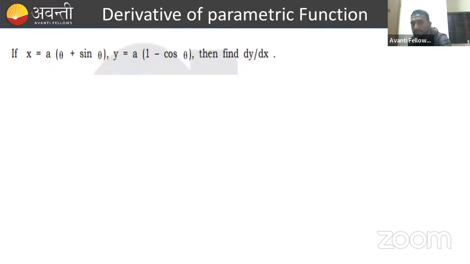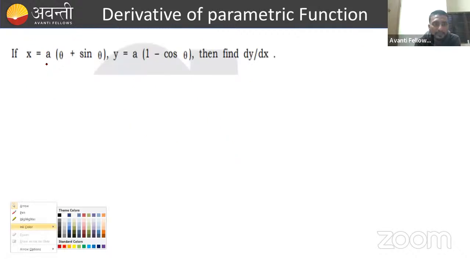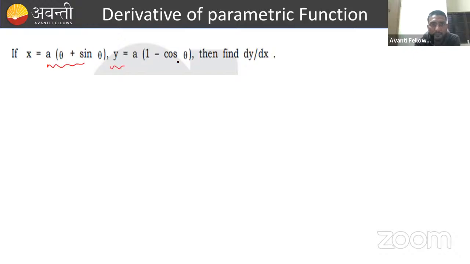So one example I have taken. Here you can see x is there and y is there, but both are dependent on what? Theta. So here the parameter is not t but theta. So I can write x is equals to g theta, and y I can write f of theta. What we need to do is find dy by dx.